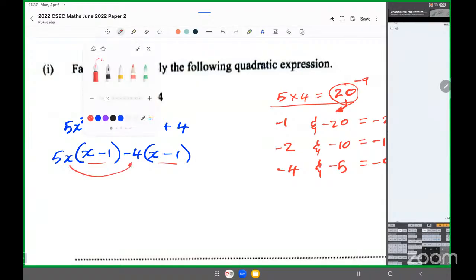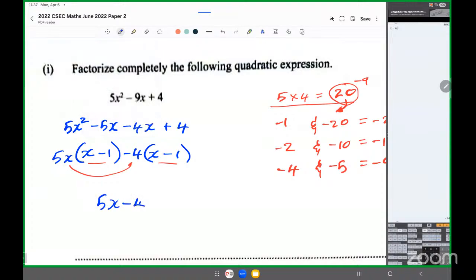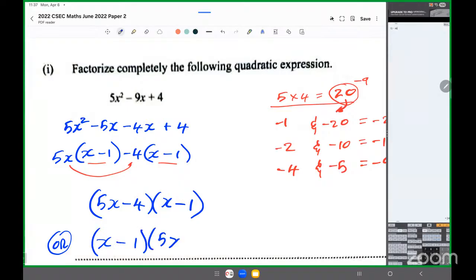And so when you complete the factorization, it becomes 5x minus 4 times the common factor of x minus 1. Put the x minus 1 in front, same thing. X minus 1 times 5x minus 4, it's the same thing. That is your answer. Whichever one you write is your answer.